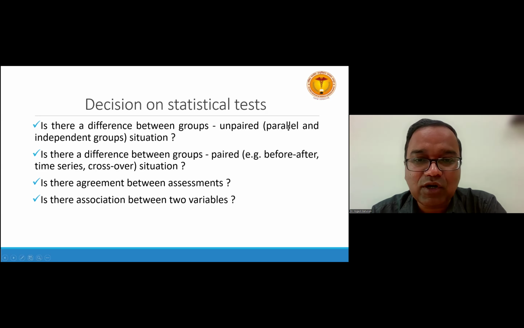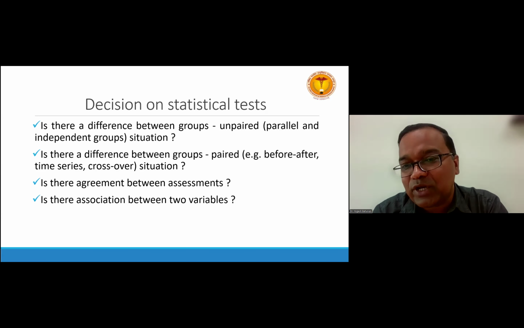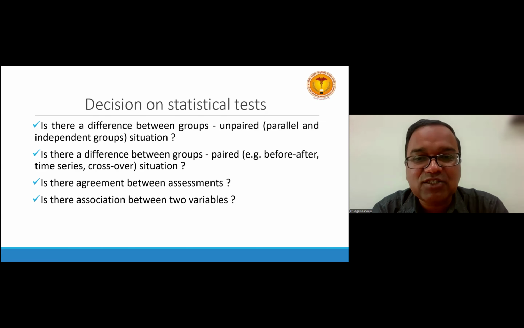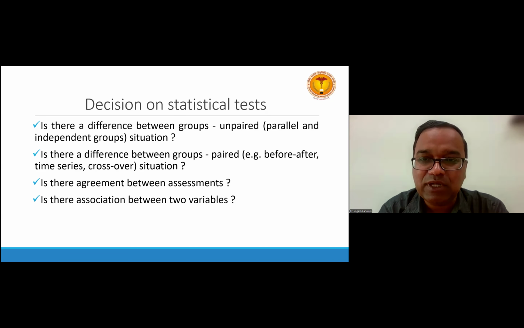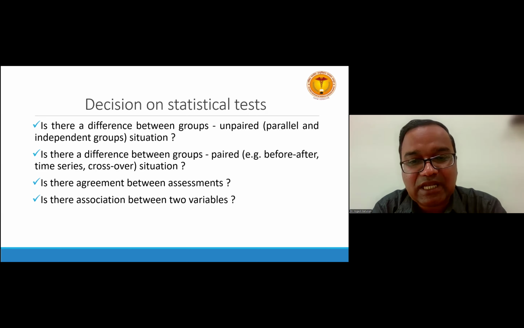Then we may come across a situation where we are making a comparison within the same group, but the data is collected over a period of time. The crux here is that the participant acts as his own control. So maybe we are collecting data before and after, or a time series. A lot of research in anesthesia is of this nature.